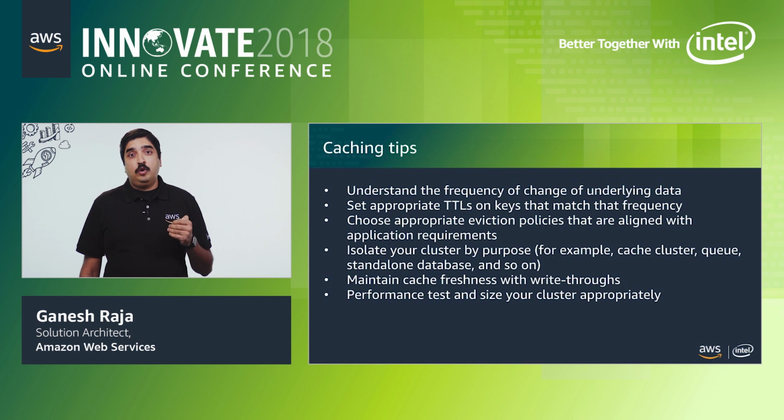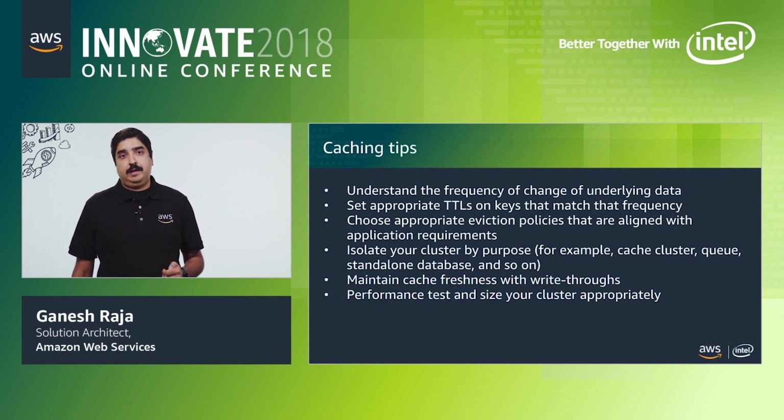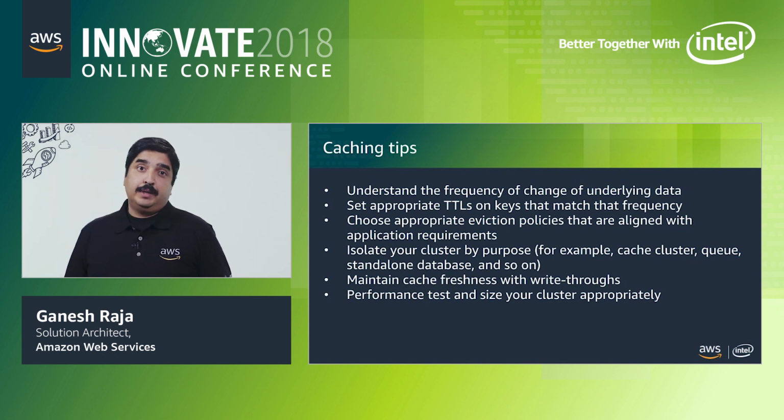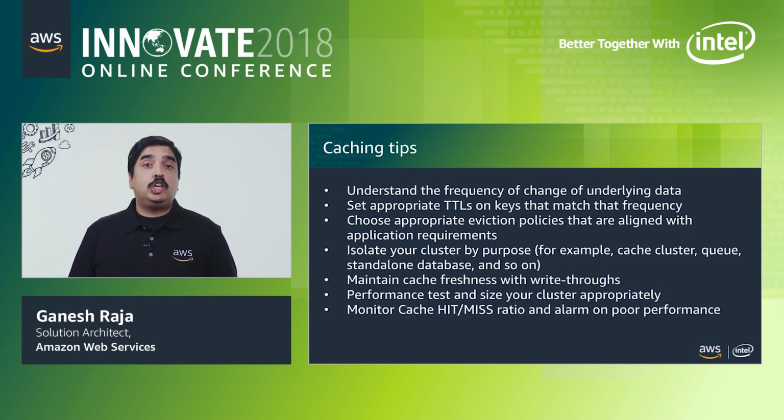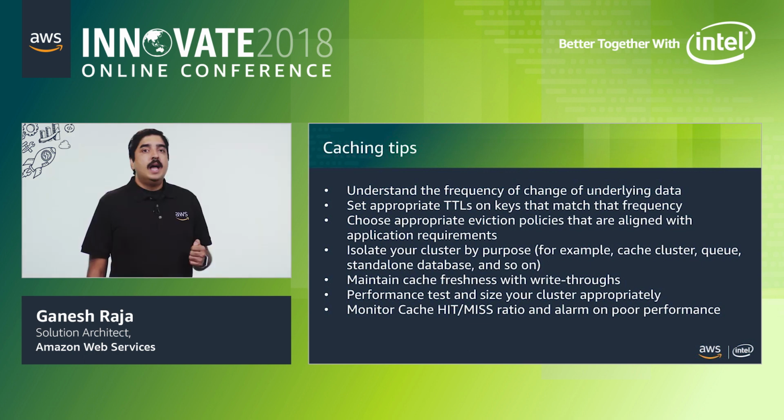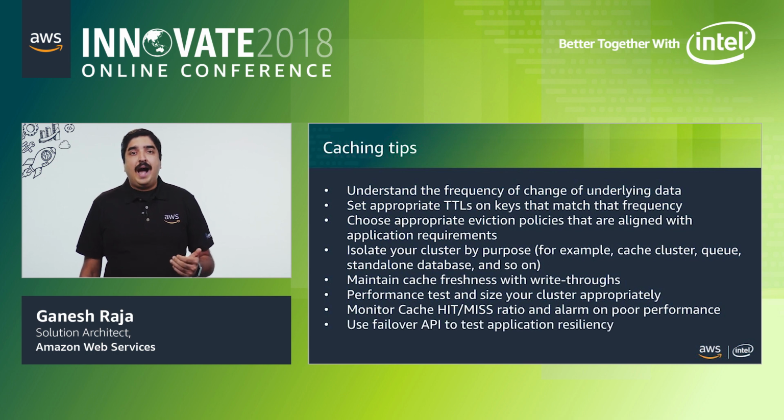It is critical you performance test and size your clusters appropriately. Seventh tip, create alarms so that you are notified of bad performance, cache hits and misses. Eighth tip, work backward from failure. Always test the resiliency of the application using the failover APIs provided by ElastiCache.